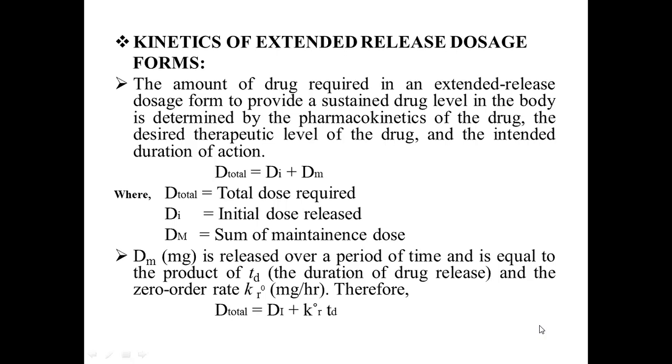Total dose required means the amount of drug needed for the initial release of the drug, and Dm is the sum of maintenance drug, meaning after the release of the initial dose, the extended release drug product needs the maintenance drug, which will help to maintain the constant therapeutic level. Dm is released over a period of time and is equal to the product of Td, the duration of drug release, and the zero order rate.